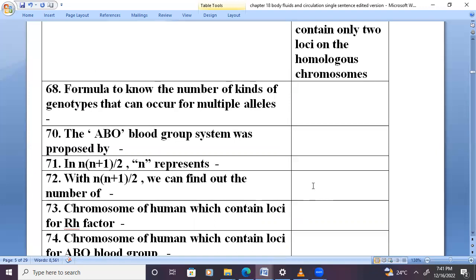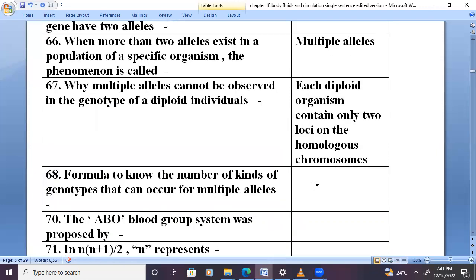The formula to know the number of kinds of genotypes that can occur for multiple alleles is n into n plus 1 by 2, where n represents the number of alleles. With n(n+1)/2, we can find out the number of genotypes.